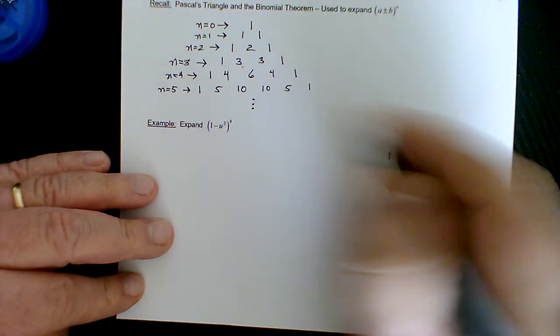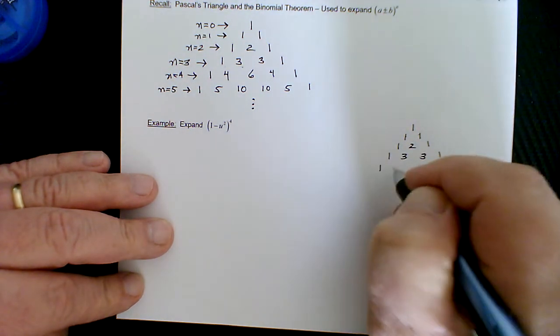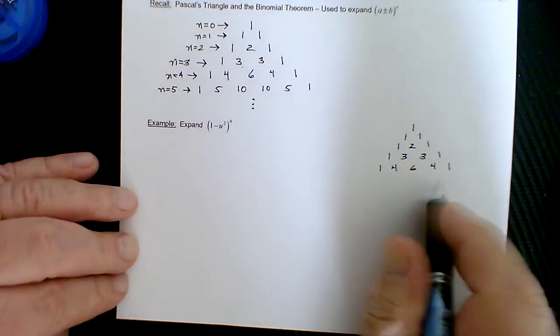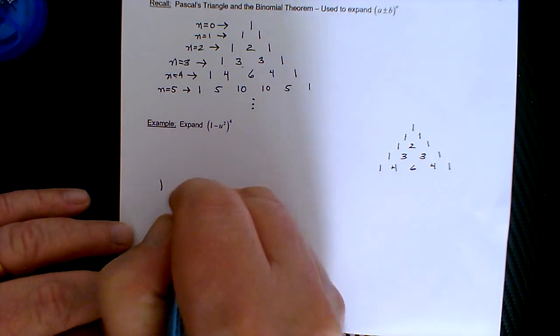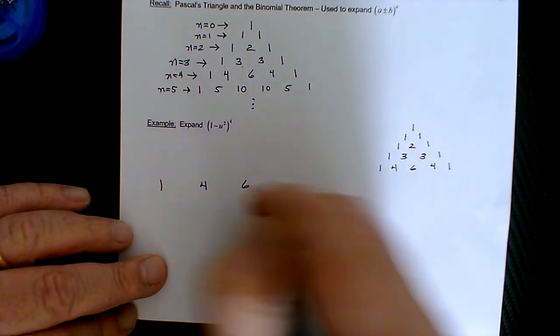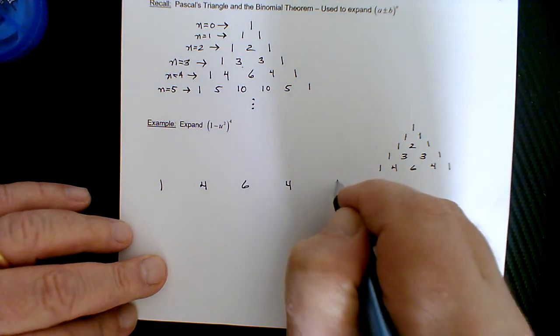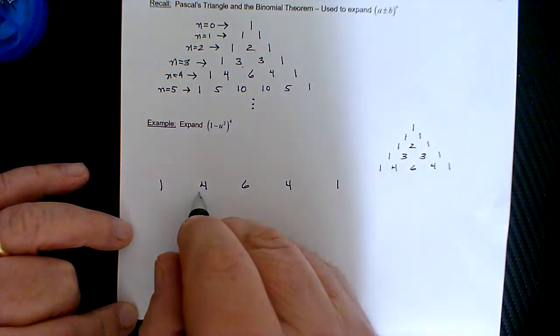It's the fourth power, so 1, 3, 3, 1, 1, 4, 6, 4, 1. So that's what I'm looking for. I'm going to spread out the coefficients. So 1, leave some space. 4, leave space. 6, space. 4, space, and 1.